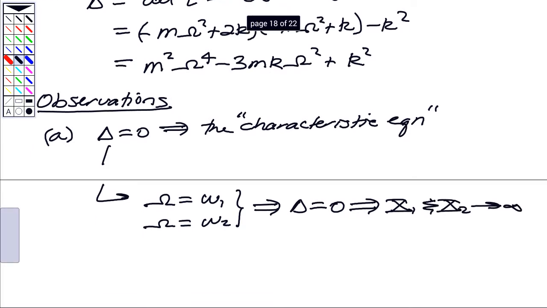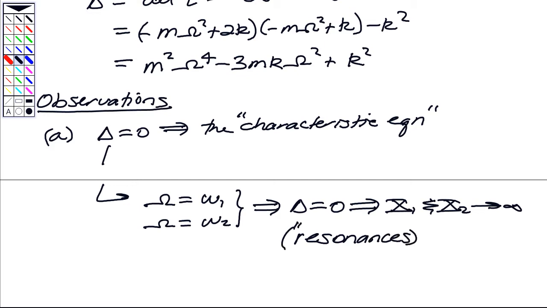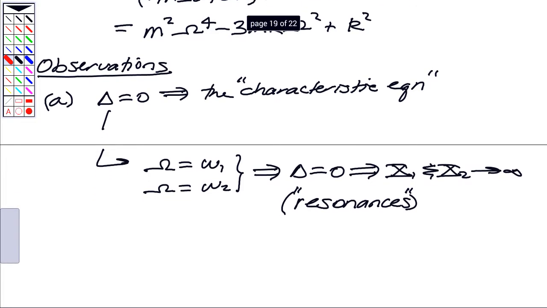And in some sense, that's not totally unexpected, because when we excite this system at a natural frequency, we get a resonance. It just happens for 2 degrees of freedom. We have 2 of them, where before, a resonance for a single degree of freedom was only 1.